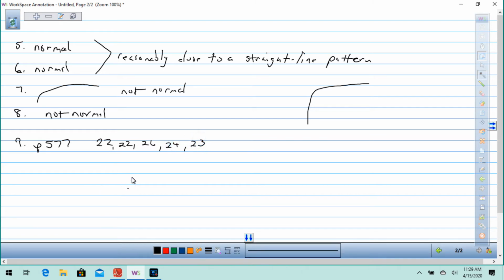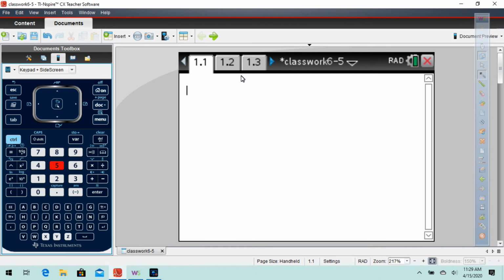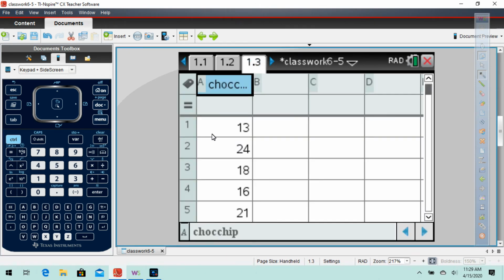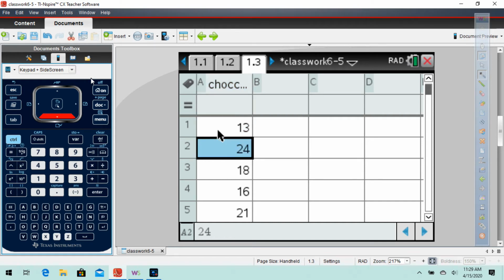Now, it's really hard to tell with just 5. Let's go to our calculator. I've already put, let's see here, chocolate chip cookies, I got 13, 24, 16, 21. That's not the same numbers.